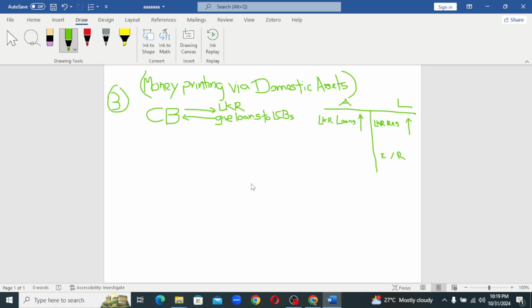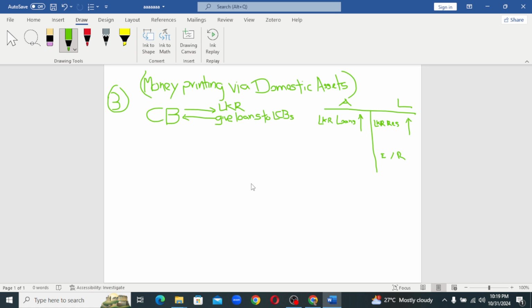In the central bank's balance sheet, there will be an increase of LKR financial assets, namely loans, and a corresponding increase on the liability side by way of LKR reserves as well. So that's what it explains.